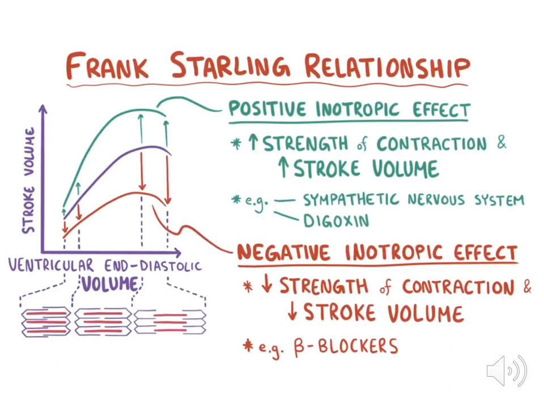If we just think about our Frank-Starling relationship and when we talk about stroke volume, obviously the graph indicates here that as you increase your ventricular end diastolic volume, you stretch the cardiac muscle fibers to the point of optimal contraction, so you get the best contraction of the myocardium and the optimal stroke volume.